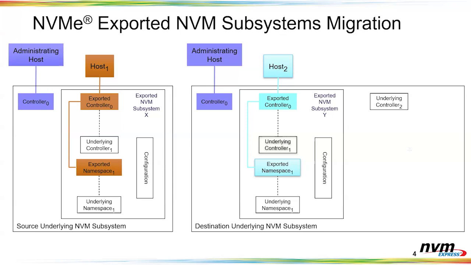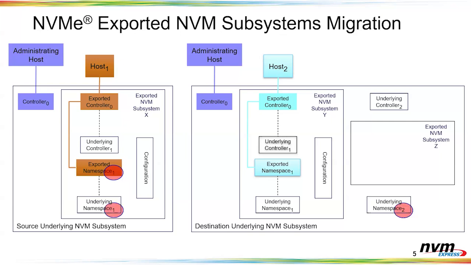So to do the migration, the host first has to go over to the destination and create an exported NVM subsystem. From there, the host can look at the existing exported namespace identifiers and then determine how they want to build those in the destination. So the host would also look at the underlying namespace and then create an underlying namespace in the destination.